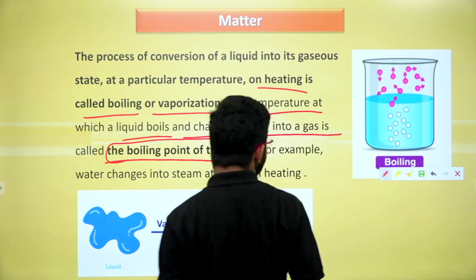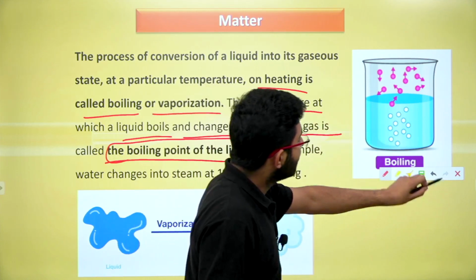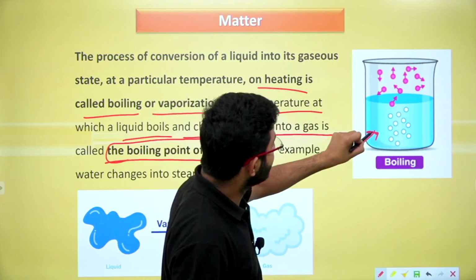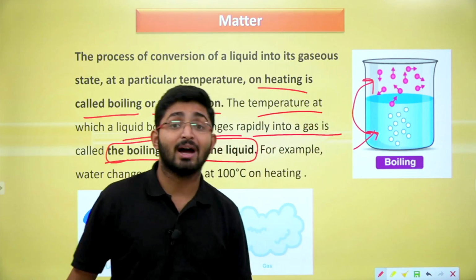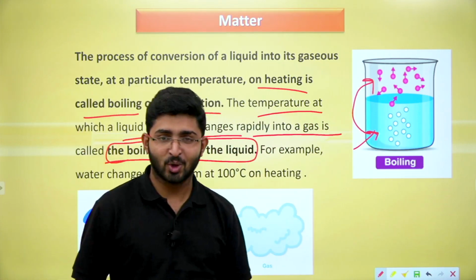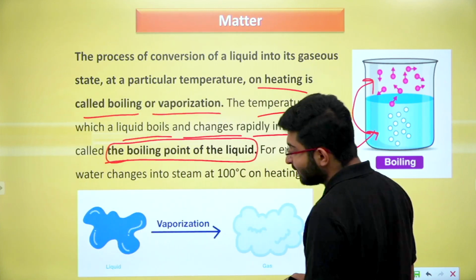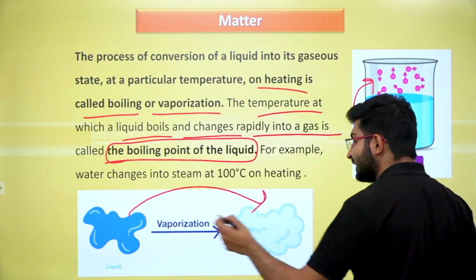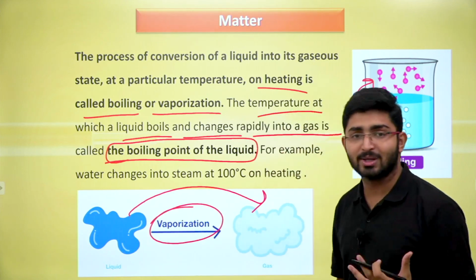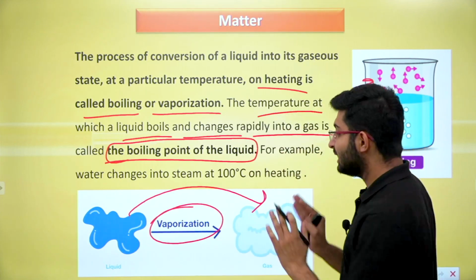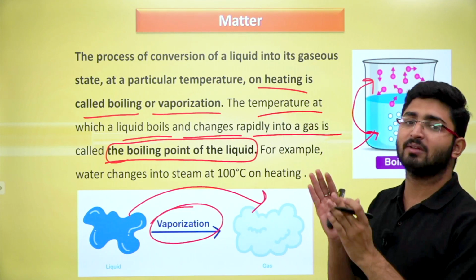Boiling is the change of the liquid into its vapor or gaseous state after giving some temperature. When the liquid changes into gaseous state, that is known as vaporization. So boiling and vaporization are the same. The names are different, but they are the same.